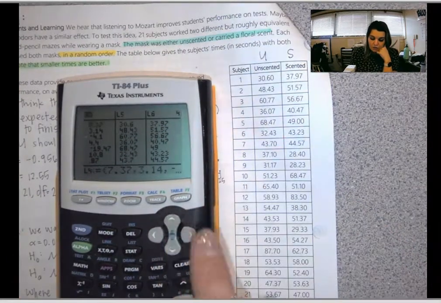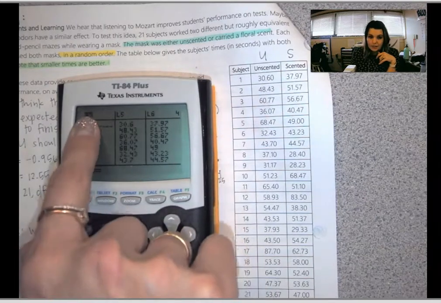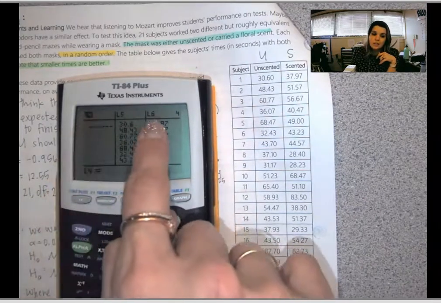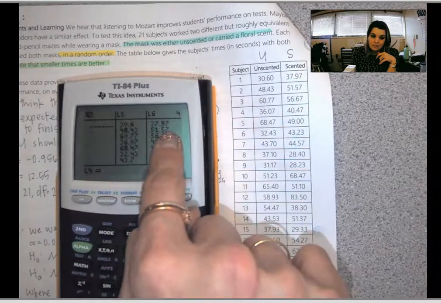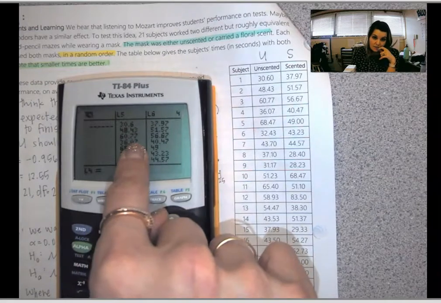So instead of going through and subtracting all of those numbers, for list 4, what I did was I told it to take the scented list and subtract the unscented list.